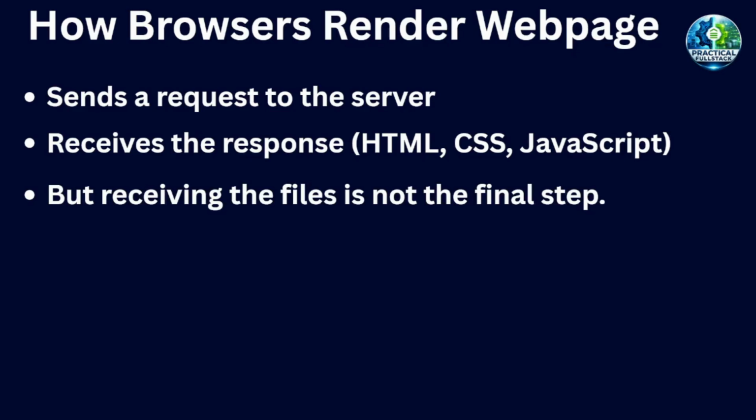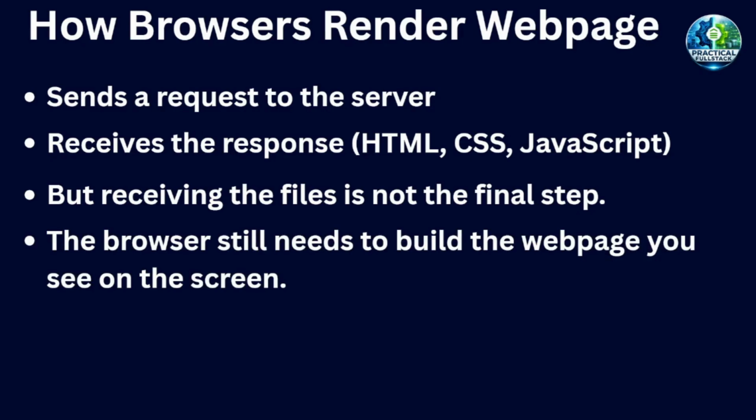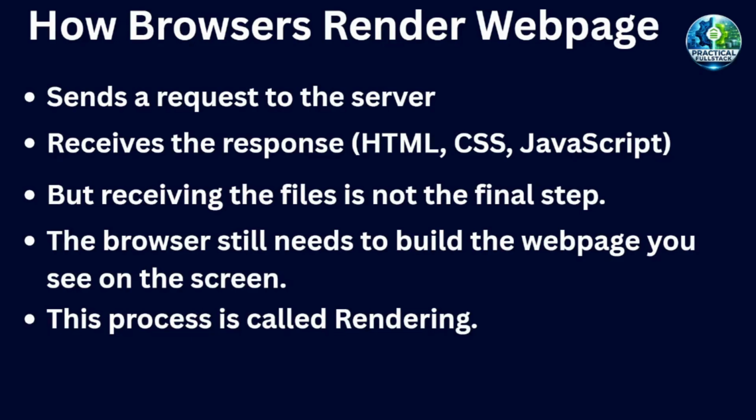Because receiving the file is not the last step. Even after the browser downloads the HTML, CSS, and JavaScript files, it still needs to build the web page that you actually see on the screen. So this process is called rendering, and it is this process through which the browser constructs and displays the final web page. Now let's understand how it's done.